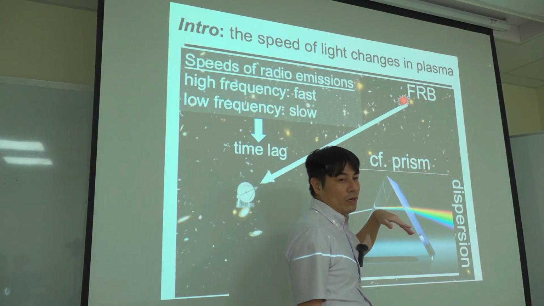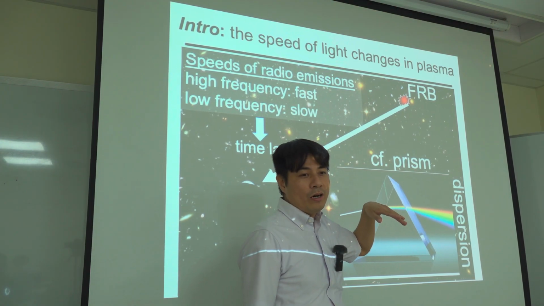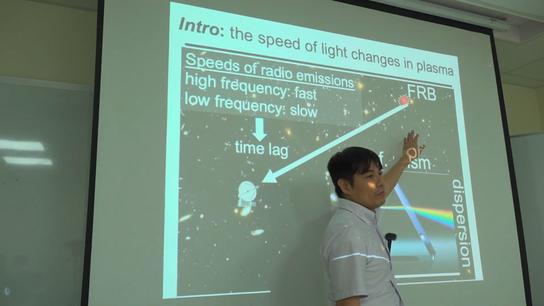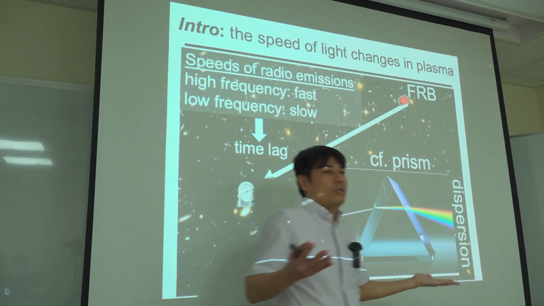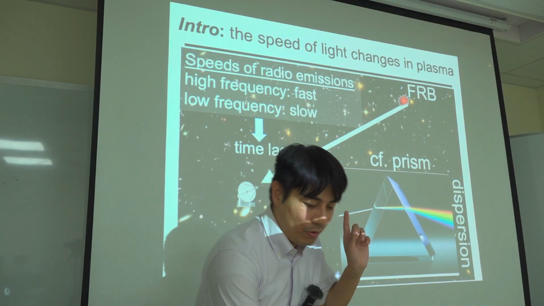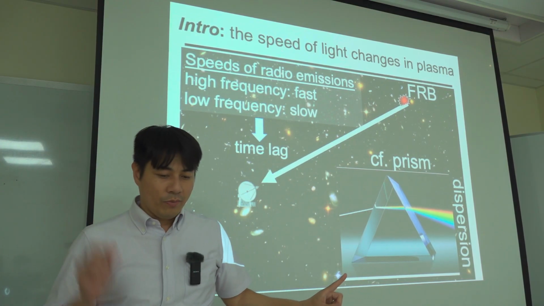Then there's another type. Somehow FRBs apparently happen only 1 time from this source. Then there's no FRB anymore. So it happens only 1 time, versus the repeaters that can repeat many times.